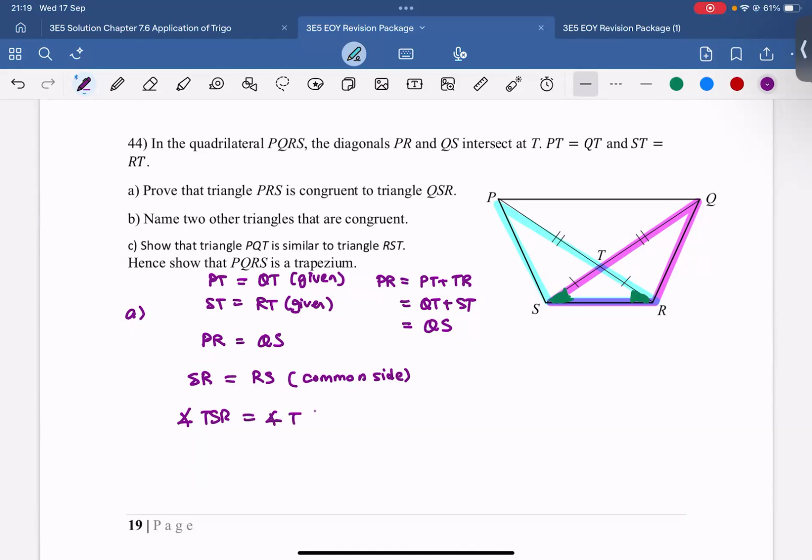TSR equals TRS. By SAS, you use SAS, right? Yes, the angle covers the two sides. By SAS, triangle PRS is congruent to triangle QSR. For SR equals RS, can you also put common? Yeah, okay.